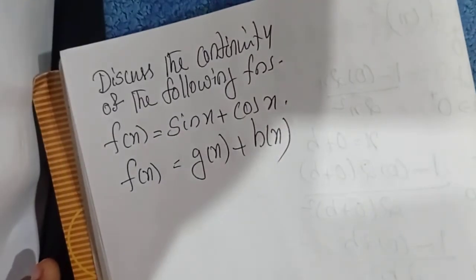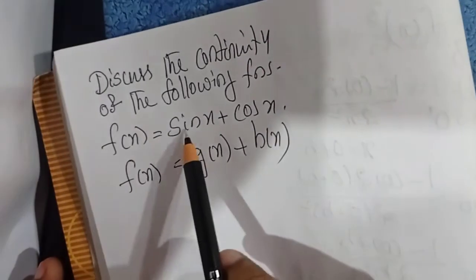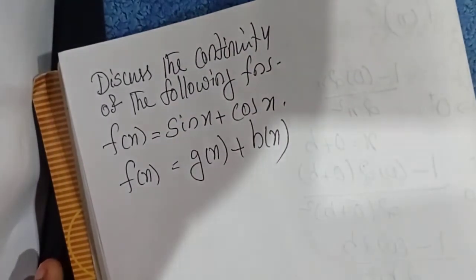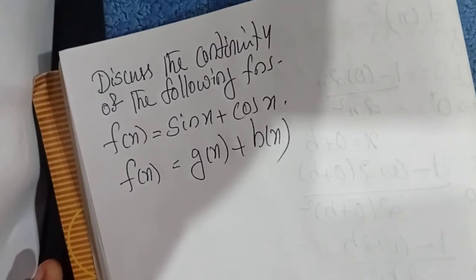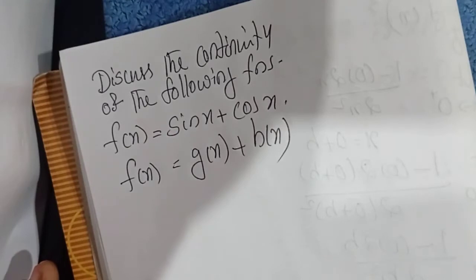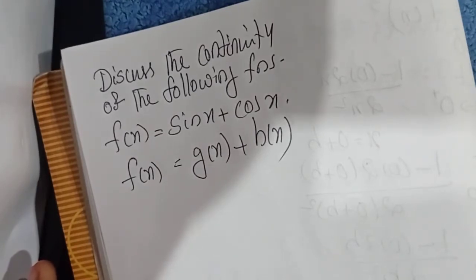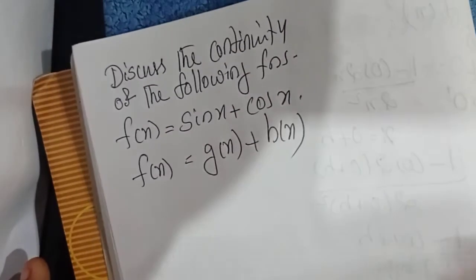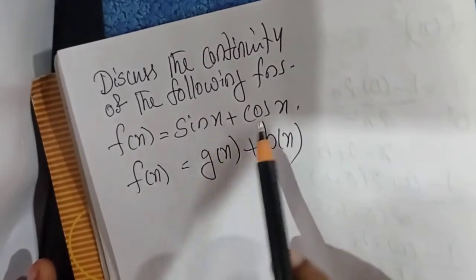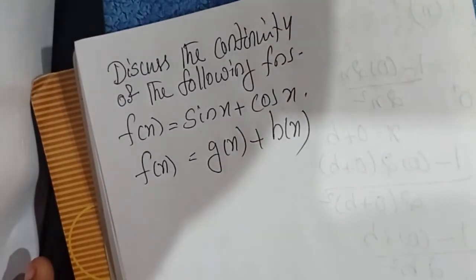Since sine and cos functions are everywhere continuous, the sum of continuous functions is also continuous. Here only one word: sin x is continuous, cos x is continuous, therefore the sum is also continuous.